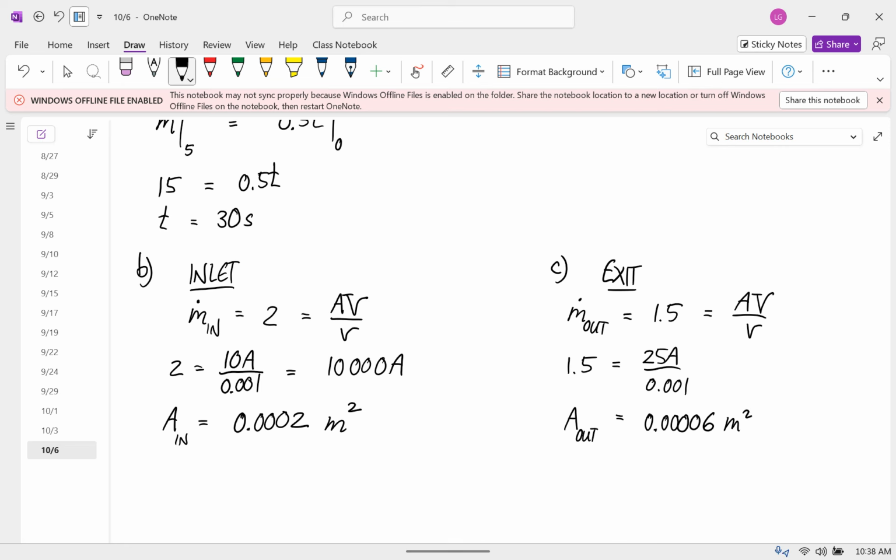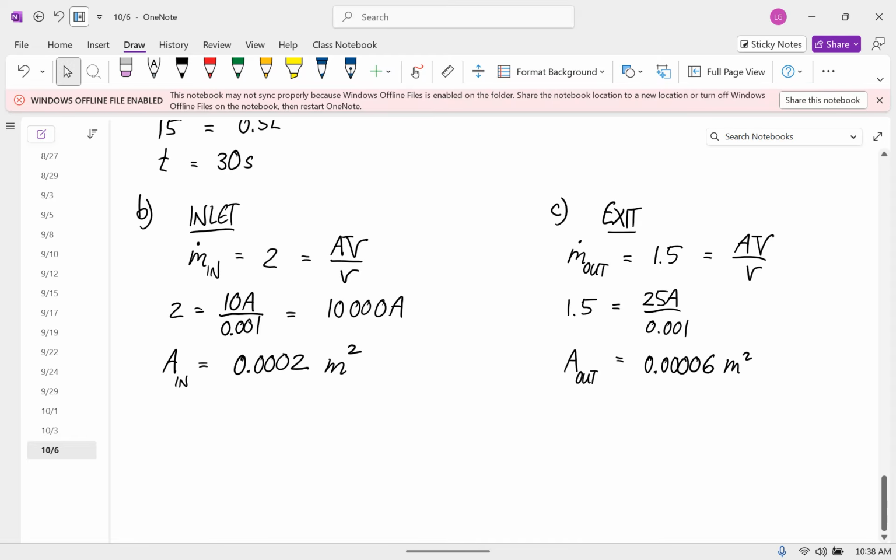It has to be smaller because the liquid is moving faster. And so that's about 0.8 centimeters if it's a square opening. Any questions about that?